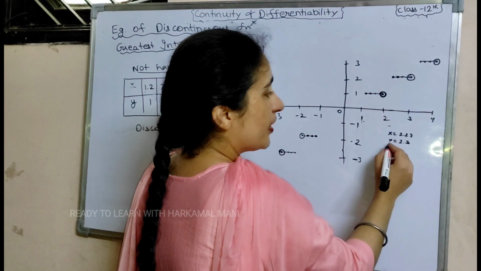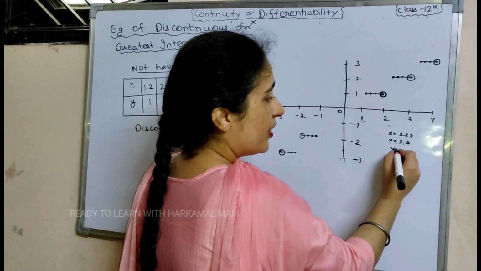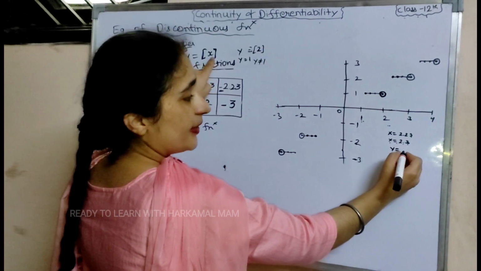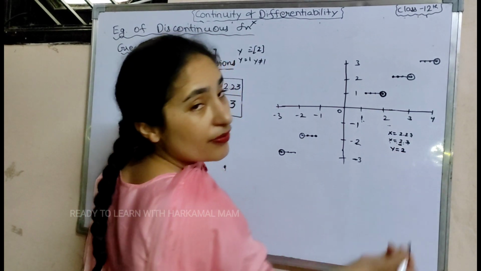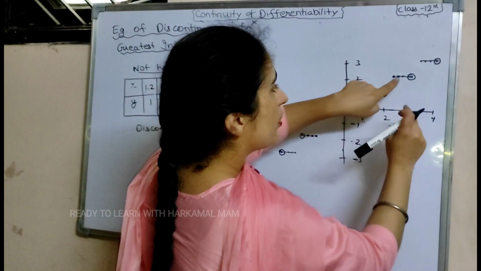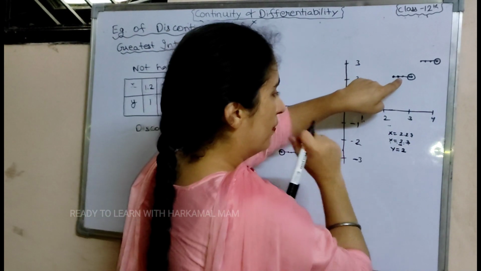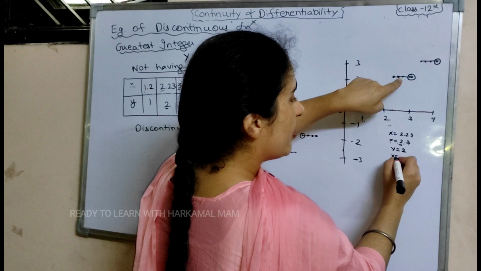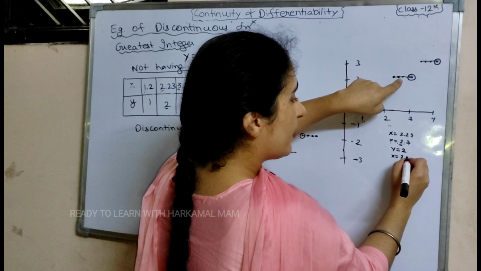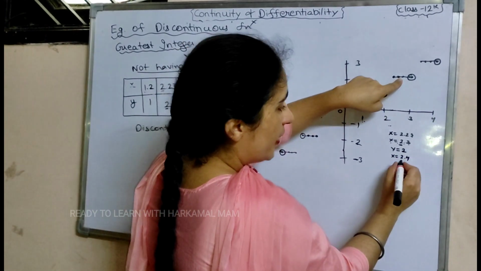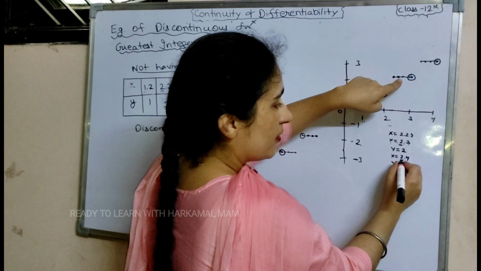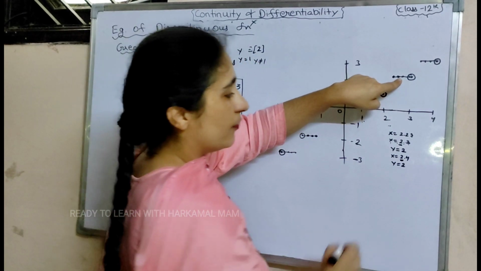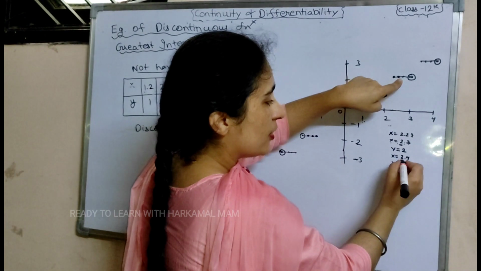The value of y is greatest integer, it gives the value always 2. If we take value of x is 2.4, we get the value always 2.